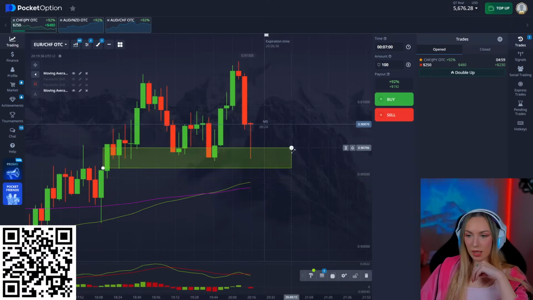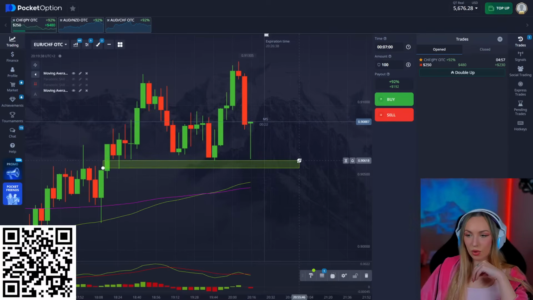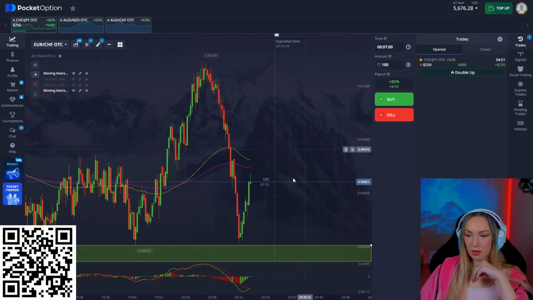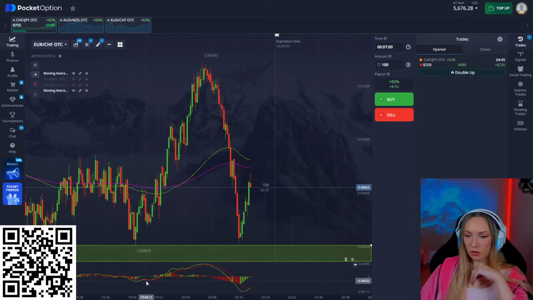I would say here is the support zone, and it can go up. So you see there is the signal to open the trade in the upward direction.